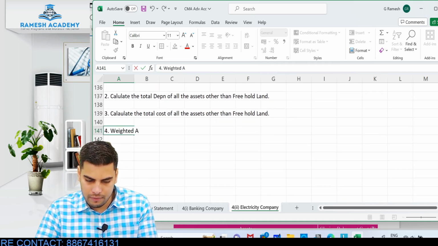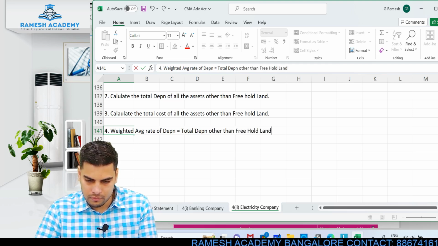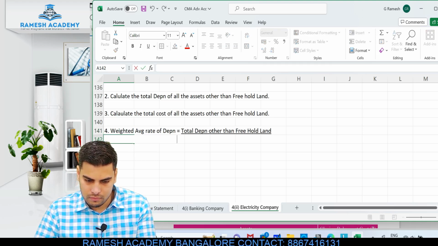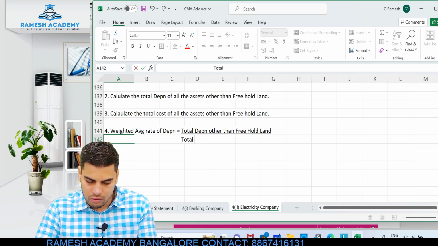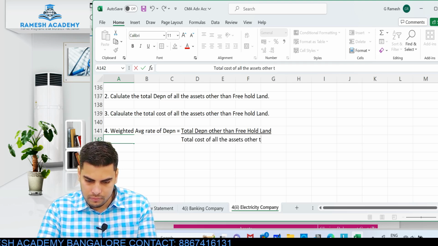Weighted average rate of depreciation will be equal to total depreciation other than freehold land, divided by total cost of all the assets other than land, into 100.